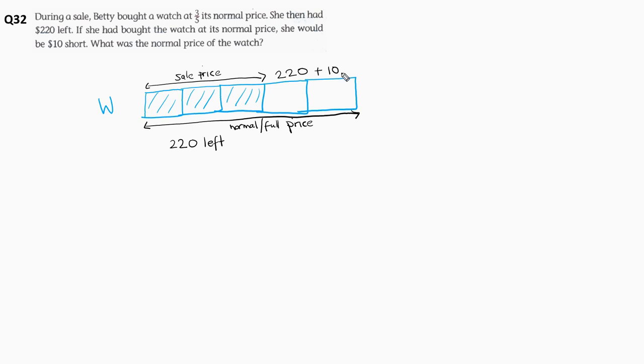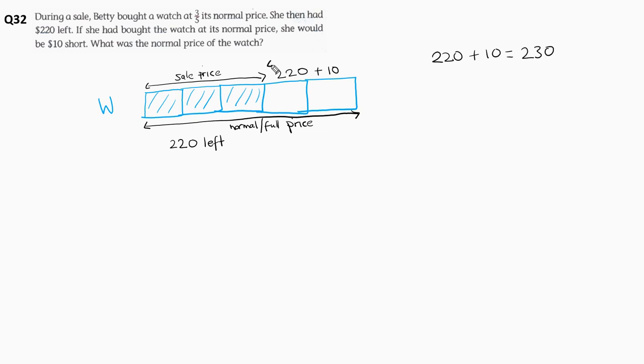Because if she had had $10 more, then she would have been able to pay the full price. So these two parts here have a value of 220 plus 10. Okay, so 220 plus 10, of course, that equals 230.